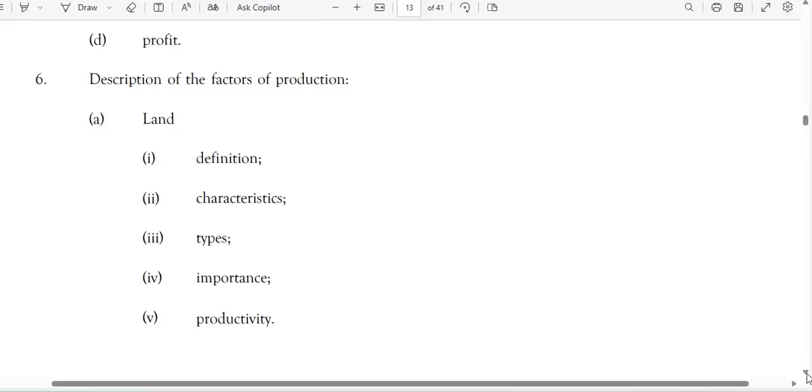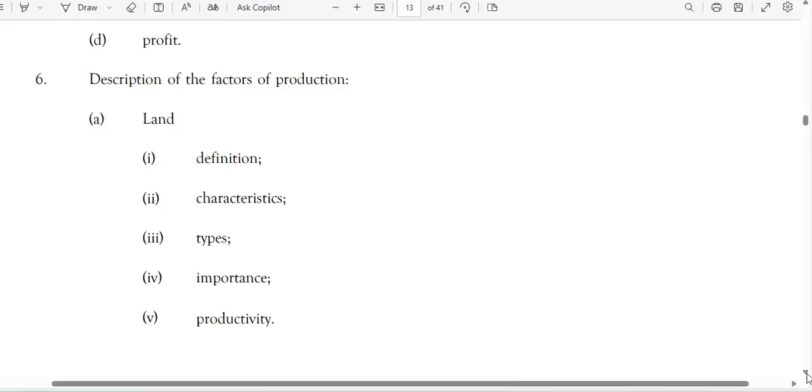Another characteristic of land is that land varies in quality. Some lands are fertile and productive, while some land is barren or less useful. Final characteristic of land, it's subject to diminishing returns, meaning that overuse of land without proper care can reduce its productivity.